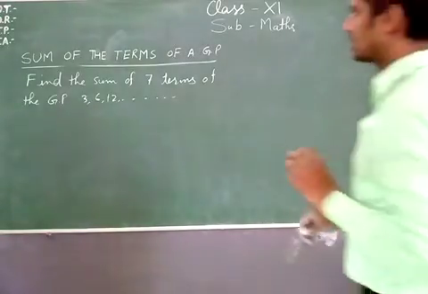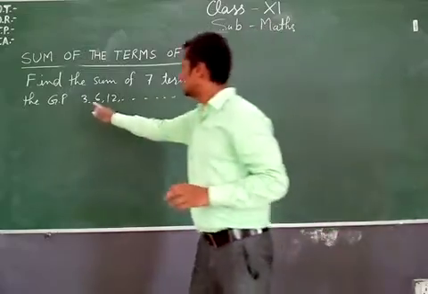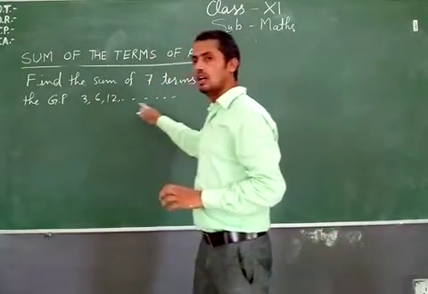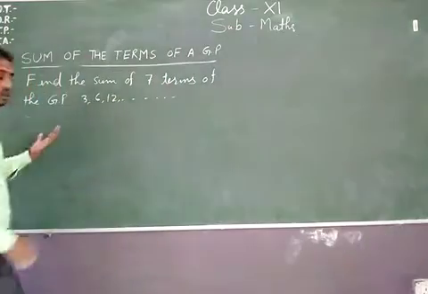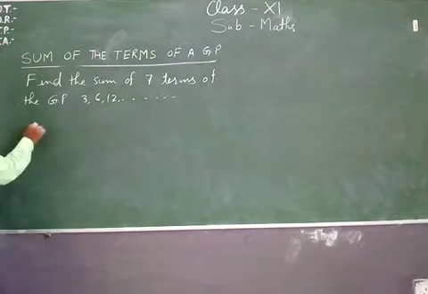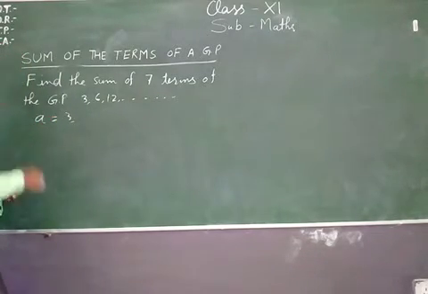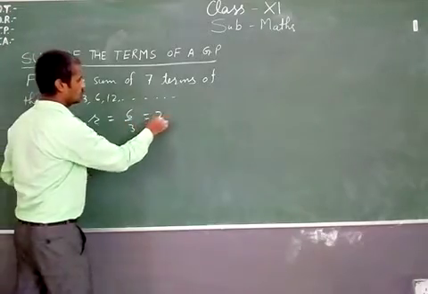To solve the sum of 7 terms of the GP 3, 6, 12 and up to n terms, we can apply the sum formula for GP where the first term a is 3 and r equals 6 by 3, which equals 2.